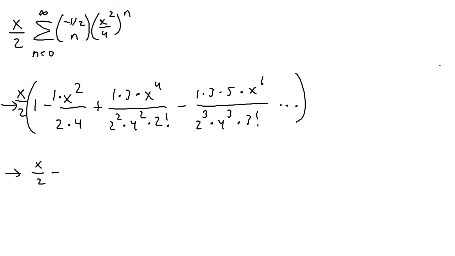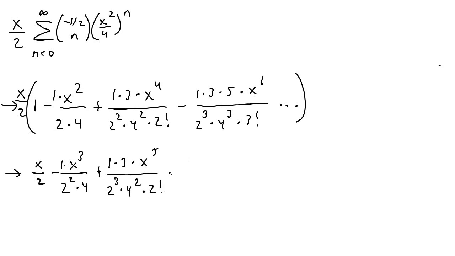So then we get x cubed, or 1 times x cubed, over, now 2 times 2, 2 squared, times 4, plus 1 times 3 times x to the 5th, over 2, now this time is 2 cubed instead of 2 squared, times 4 squared times 2 factorial, minus 1 times 3 times 5 times x to the 7th over 2 to the 4th times 4 cubed times 3 factorial, and so forth.